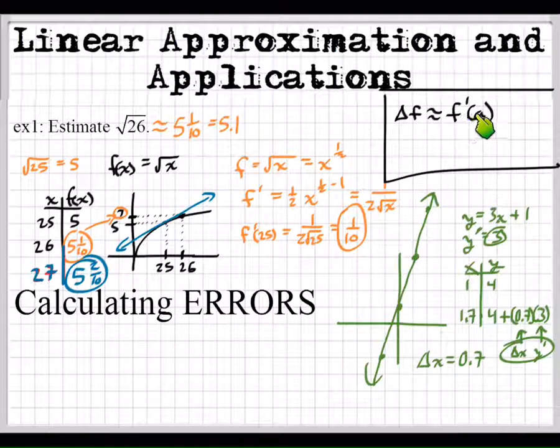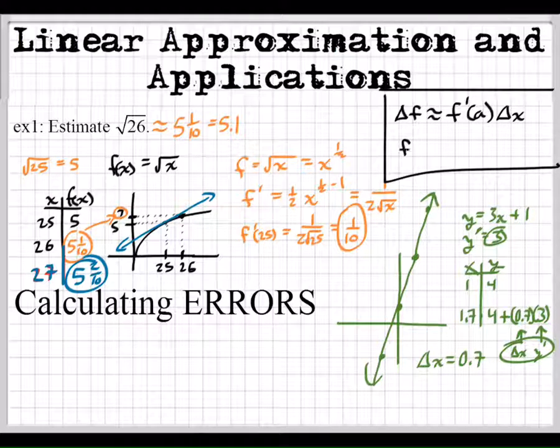The a is the number that you want to plug in because it's simple. Then you multiply it times the change in x. Or you can say the derivative at a times the change in x. This will give you an estimate of the change in the y value.